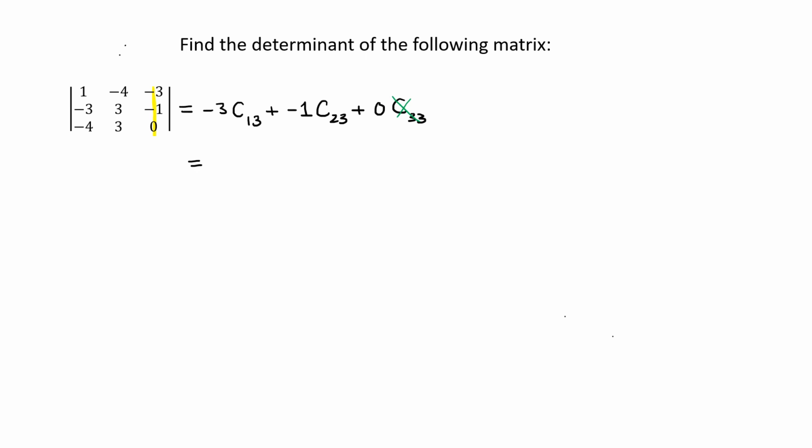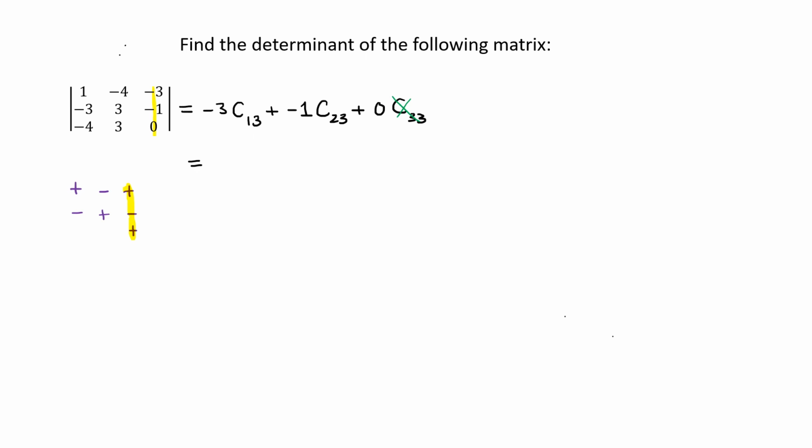Okay, now let's find these cofactors. Remember that we build a checkerboard pattern. I've got plus, minus, plus, minus, plus, minus, plus. We build our checkerboard pattern, and we will pull either a +1 or a -1 from this board.